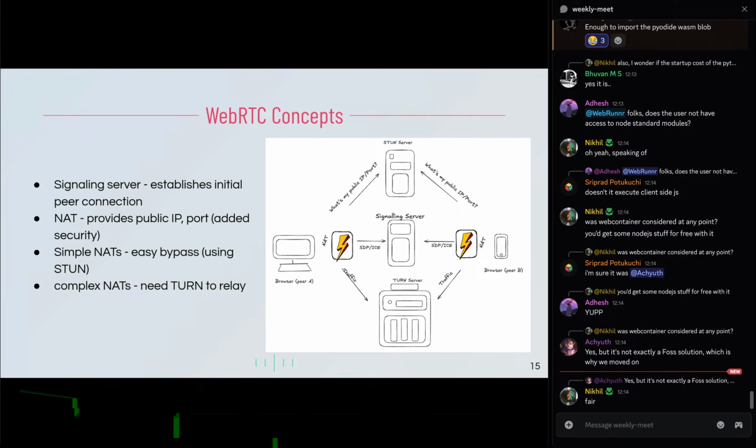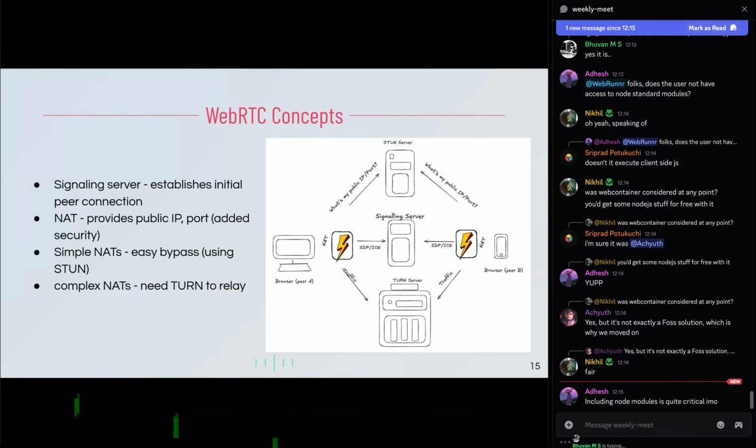So peer A would send an SDP offer to peer B through the signaling server, and similarly, peer B will send back the answer to peer A through the signaling server. The SDP offer or answer will contain the media information and all the information about the connection. There is no actual media transfer; it's just the information.